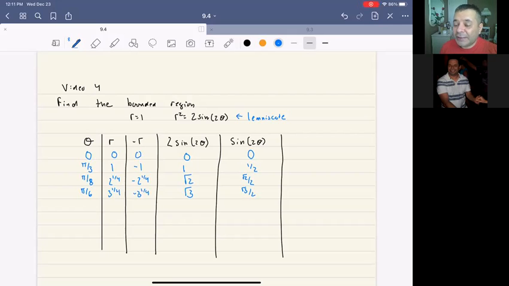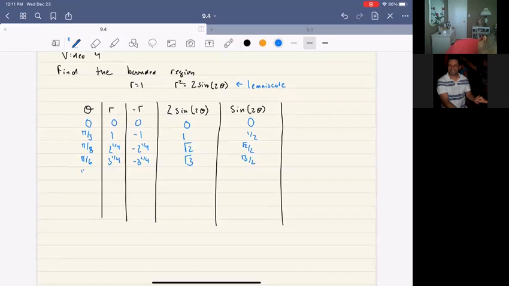Okay. The next angle we know on the unit circle, we know the sine of pi over 2, right? Sine of pi over 2 is just 1, right? So the next angle we want is pi over 4. 2 times sine of 2 times pi over 4 is 1. Oops, sorry. Yeah, that was 1. This is going to be 2.